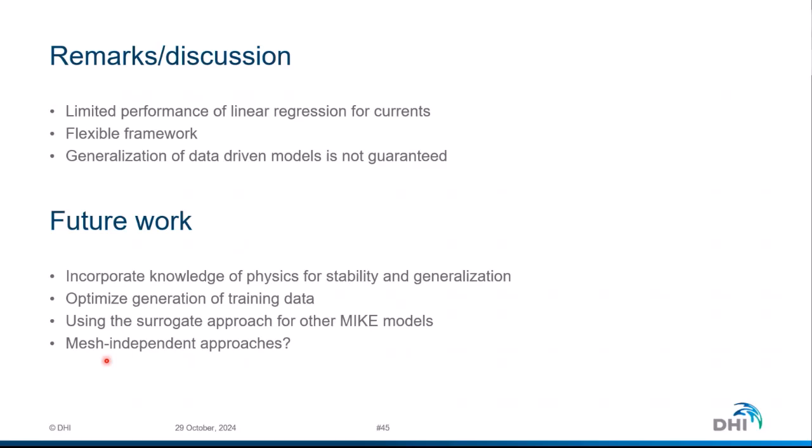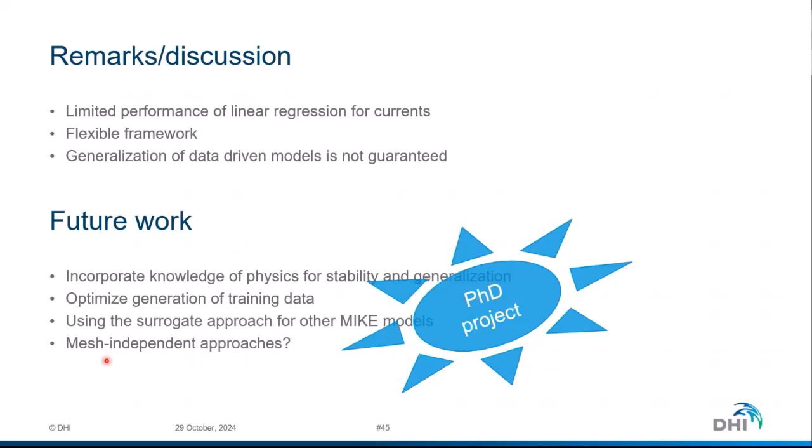And this means that it is mesh independent. This is just an interesting take on surrogate models that I could look into in the PhD project. So maybe you'll see more of this in the future from us.